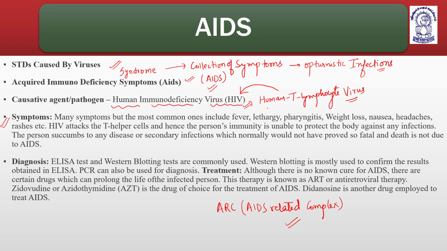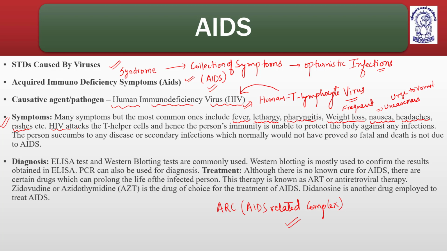Lethargy, which means the person will suffer from severe weakness and will not be in a mood to work; fever; pharyngitis, inflammation of the pharynx; frequent weight loss; nausea, meaning uneasiness or urge to vomit; headache; and rashes. All these are early symptoms of AIDS infection.